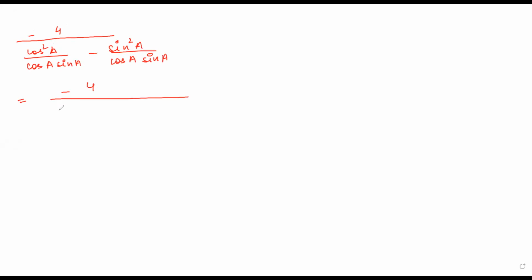So this is just cos A by sin A now. And this one will become sin A by cos A, right? So it will be -4 divided by cot A minus tan A. So this is the second part of the question.